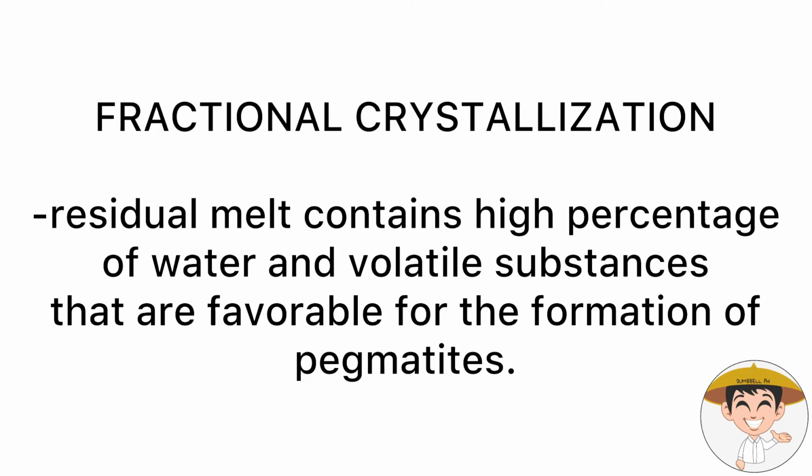Fractional crystallization. In this process, the residual melt contains a high percentage of water and volatile substances that are favorable for the formation of pegmatites. Pegmatite is an example of an igneous rock.